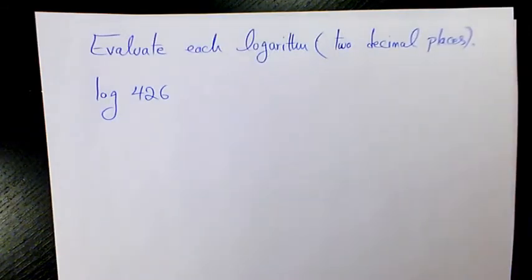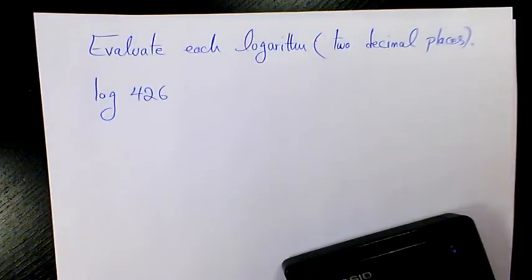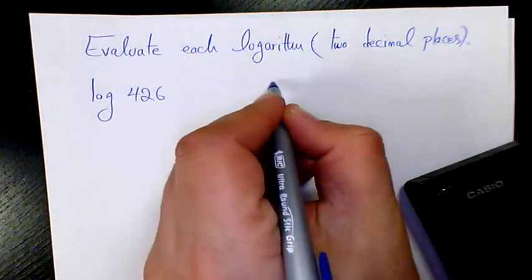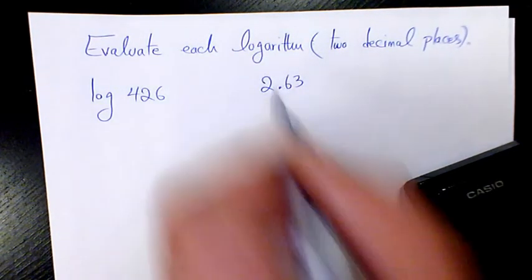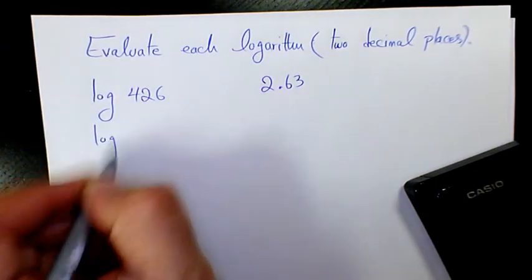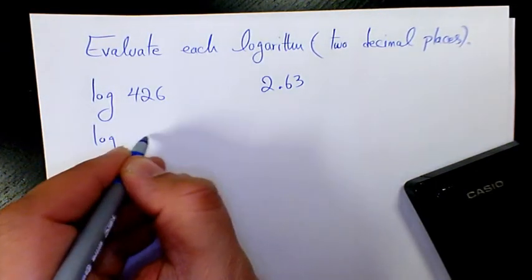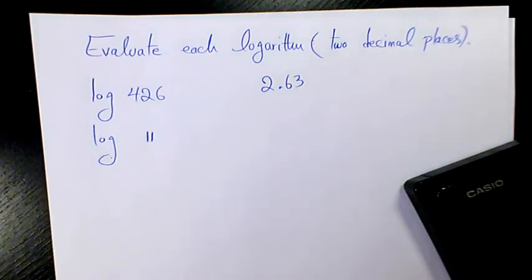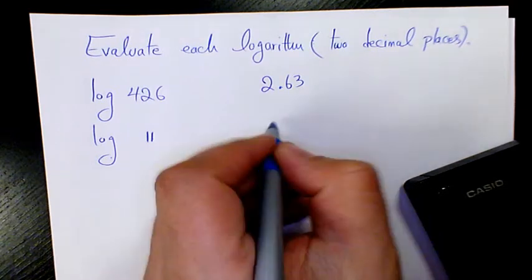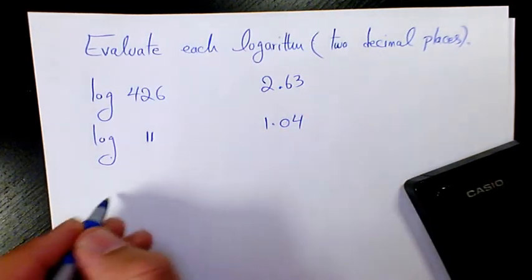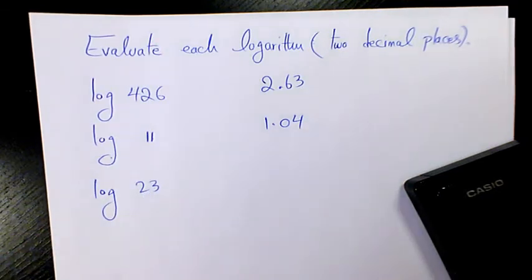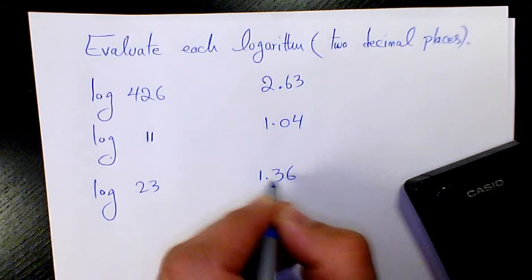We need to use the calculator, and we know when you use calculator the base is always 10. So log 426 is going to be 2.63. Log 11 is going to be 1.04. Log 23 is 1.36.